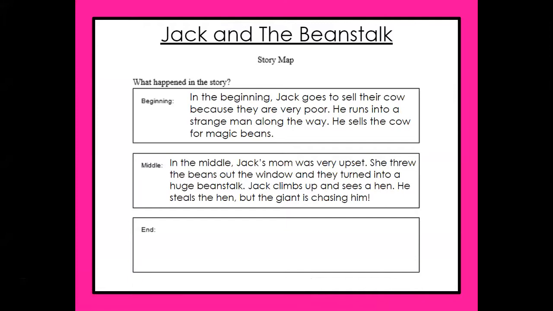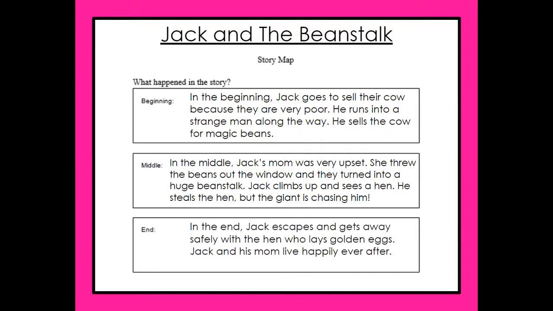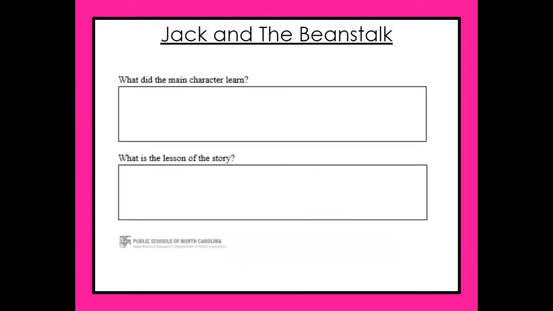She threw the beans out the window and then they turned into a huge beanstalk. Jack climbs up and sees a hen. He steals the hen, but the giant is chasing him. In the end, Jack escapes and gets away safely with the hen that lays golden eggs. Jack and his mom live happily ever after.